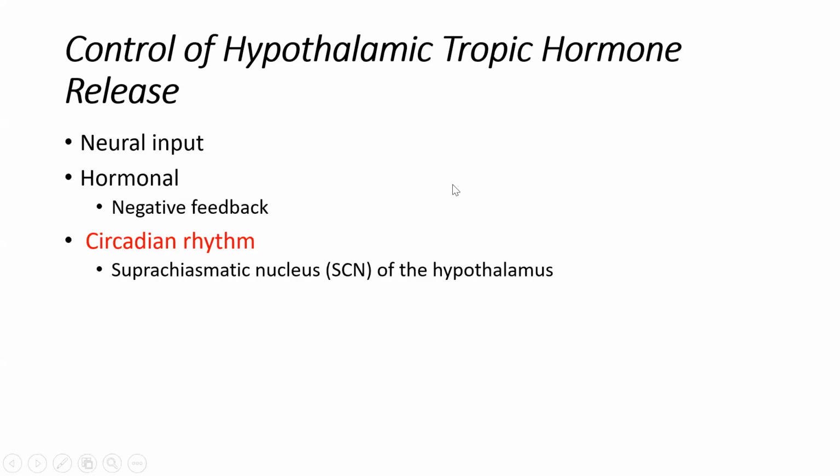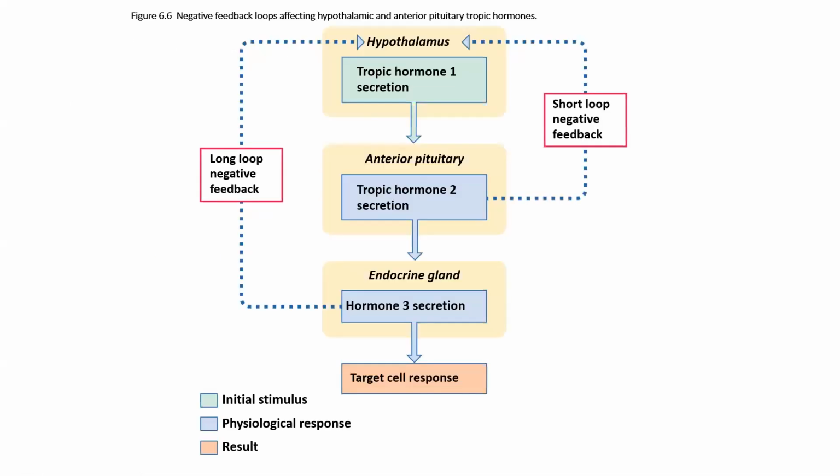All right, so that is the control or regulation of these various trophic hormones. So here's a really nice flow chart that describes that axis that I keep speaking about, the hypothalamus-pituitary-endocrine gland axis. So the hypothalamus, which is the master gland, is going to secrete a tropic hormone, and this we can call hormone 1.